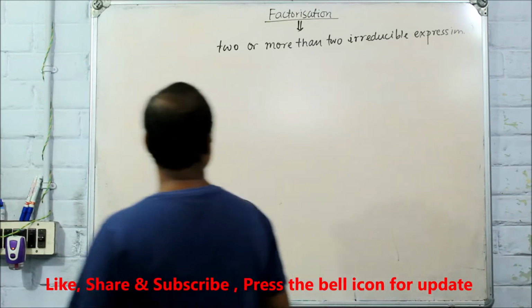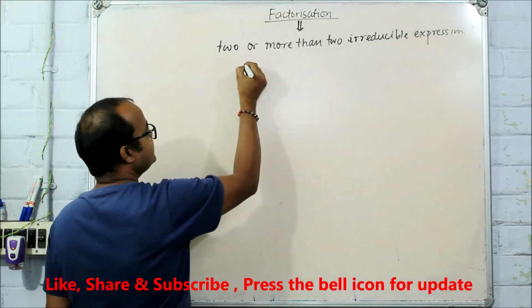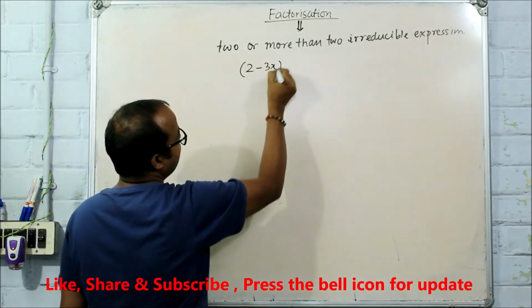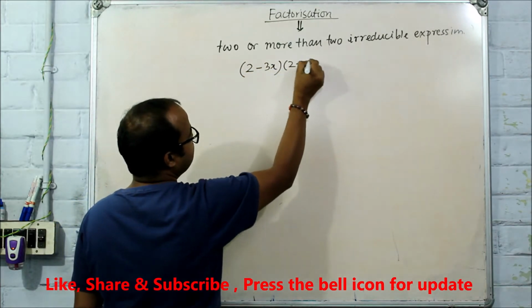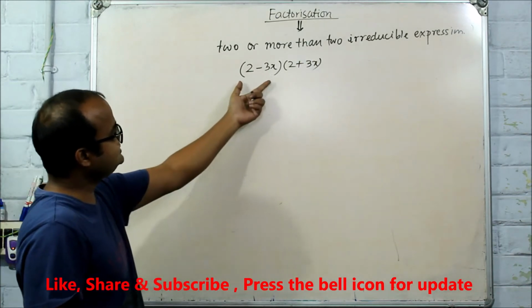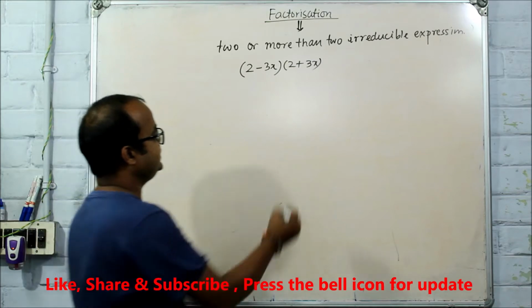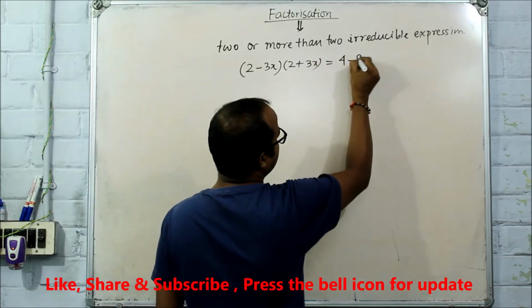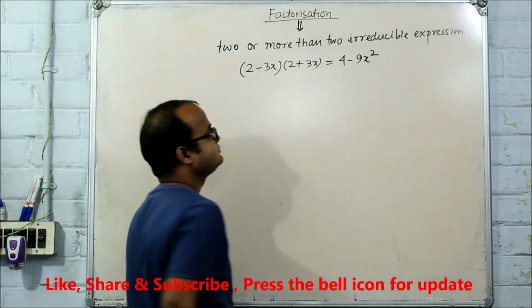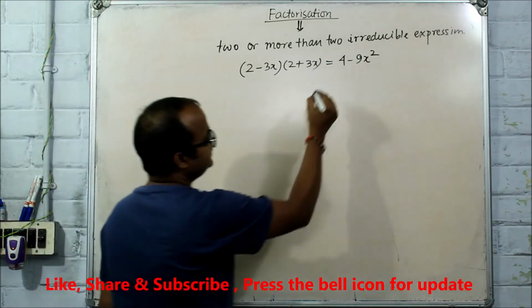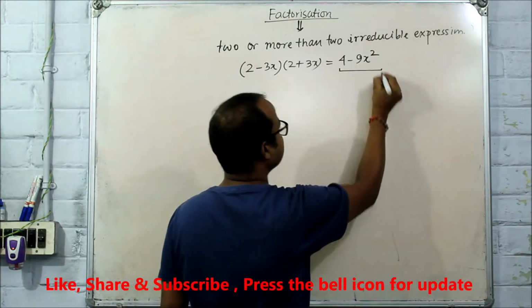For example, if I write 2 minus 3x into 2 plus 3x, this will be equal to 4 minus 9x square. So see, this is a given expression.